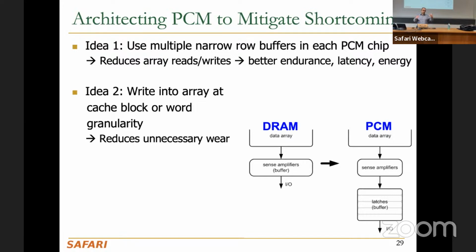But you can do that consecutively, right? So there are different ways. You need to fill up these latches, and they can be filled by blocks or words from the same row, by reading consecutively in time, or you can fill up these latches from different rows.